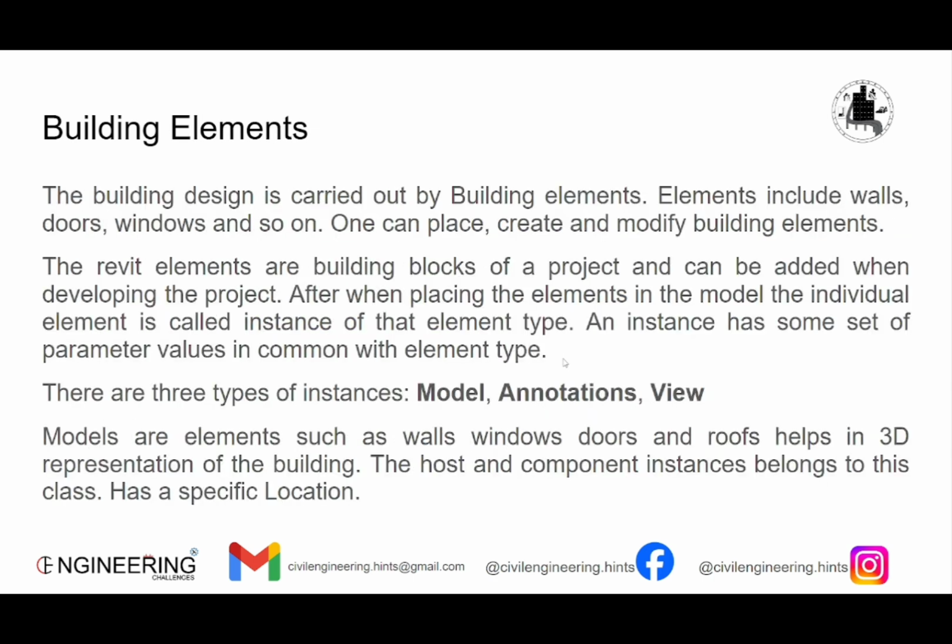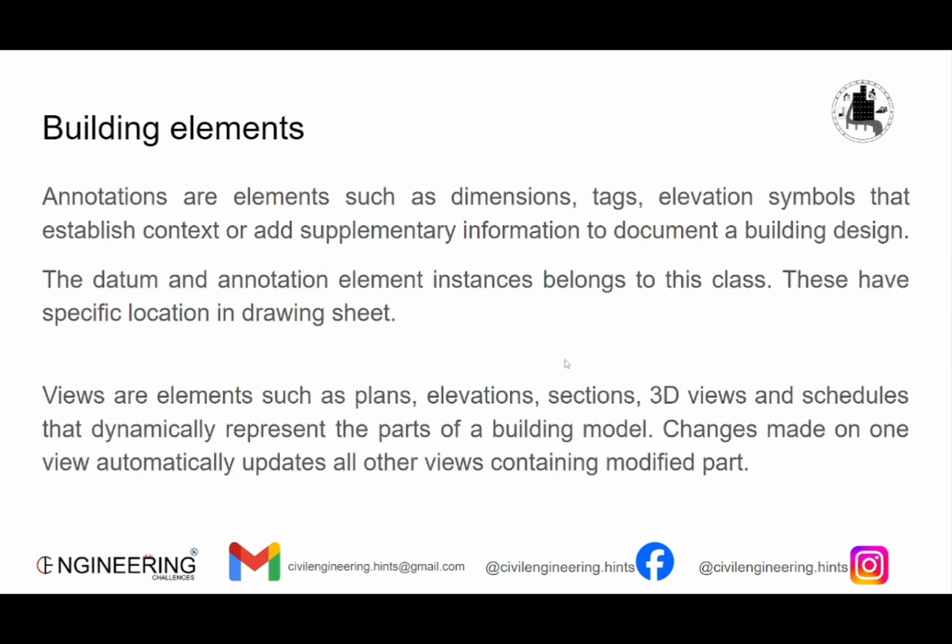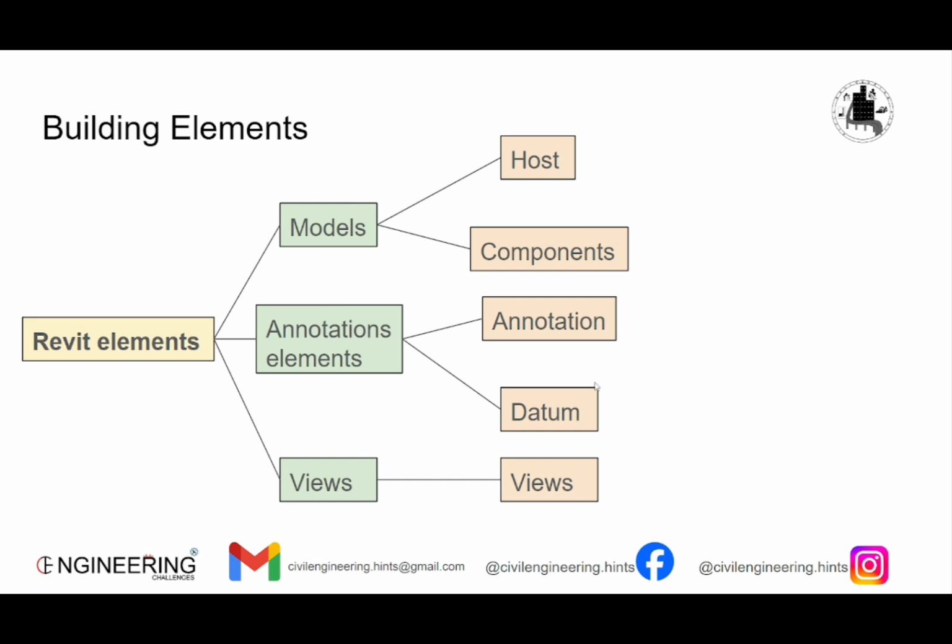Annotation elements are elements such as dimensions, tags, and elevation symbols that establish context or add supplementary information to a document of a building design. The datum and annotation element instances belong to this class. Annotation elements have a specific location on a drawing sheet.